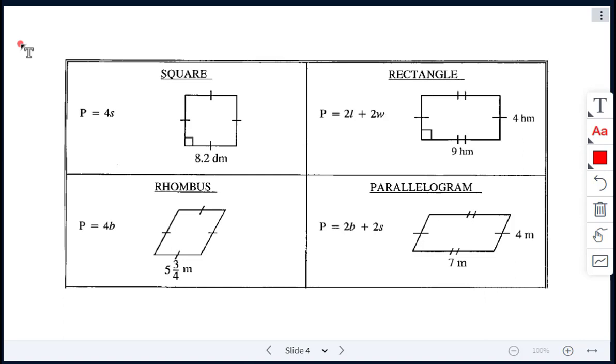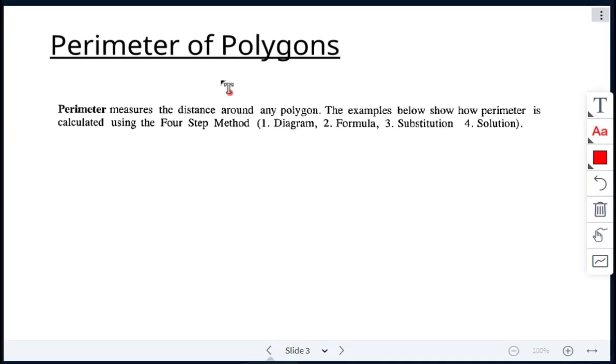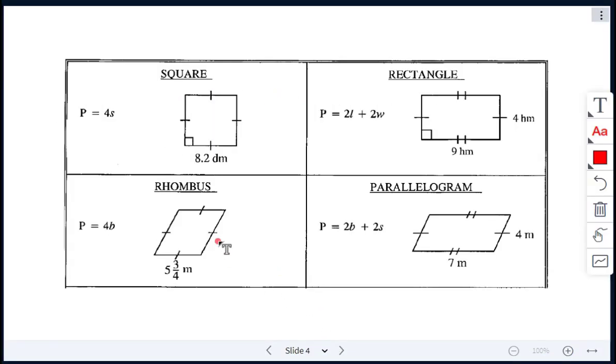For perimeter, we know that we would add up all the sides to get that distance around the polygon. But here we are going to use these formula methods for both perimeter and area. To calculate the perimeter of a square, it would be 4s. So 4 times s, the s stands for side.